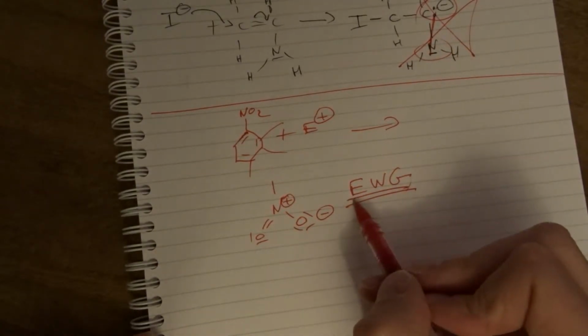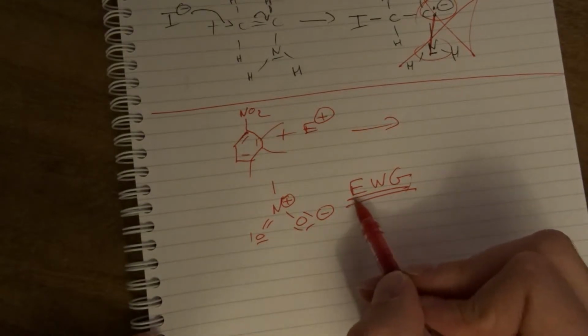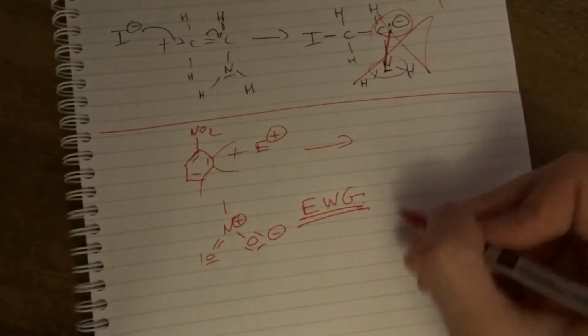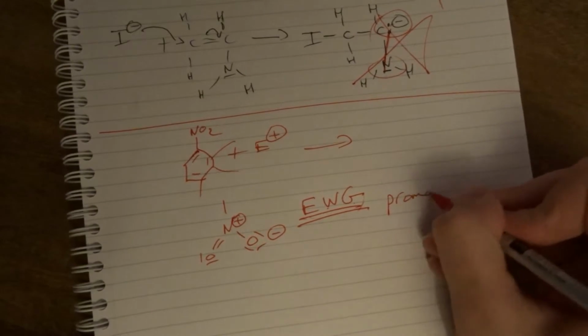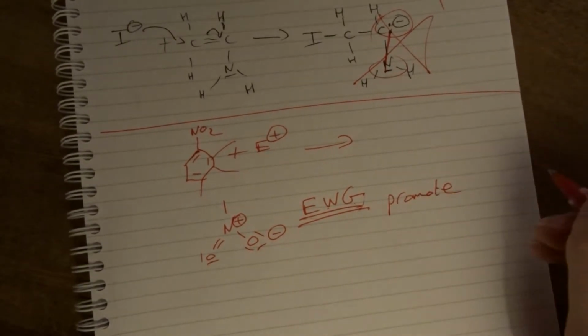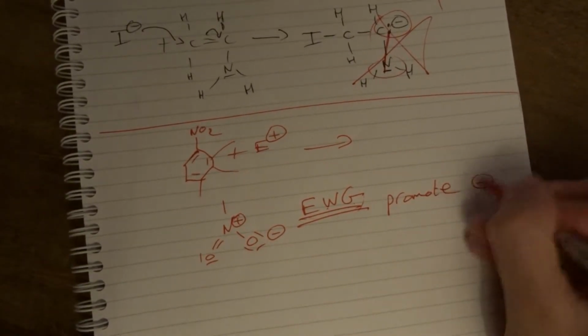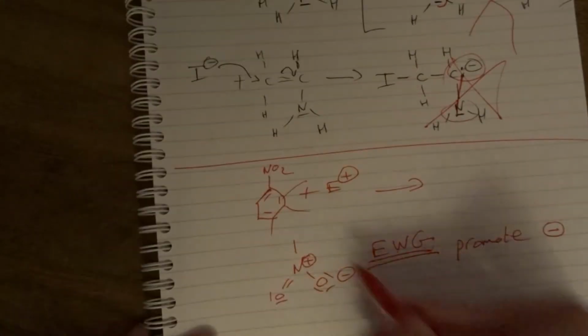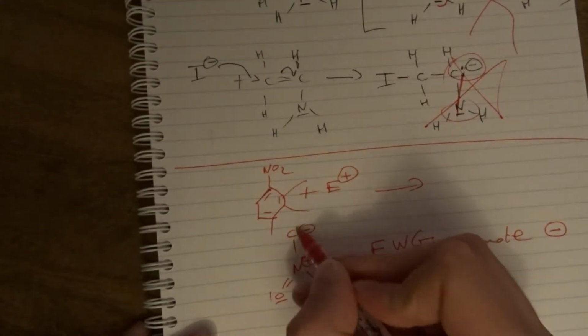So we saw in the example before that electron withdrawing groups can promote anionic polymerization. So if we have here a carbon with a negative charge, this can be stabilized.